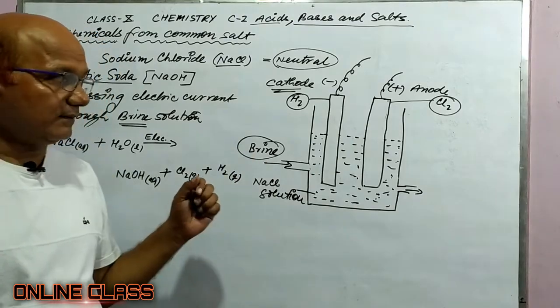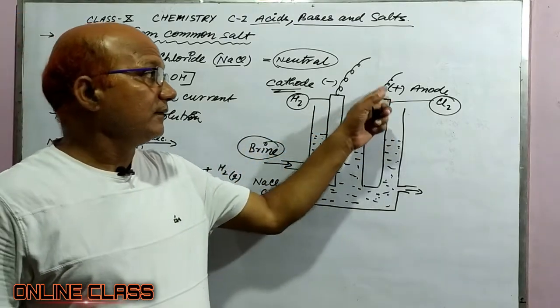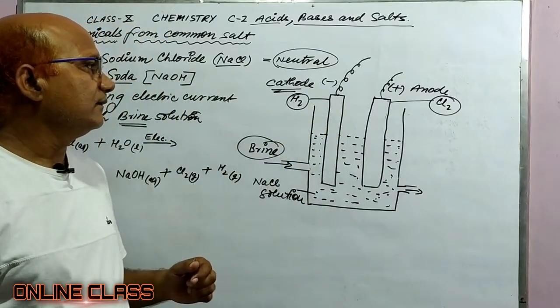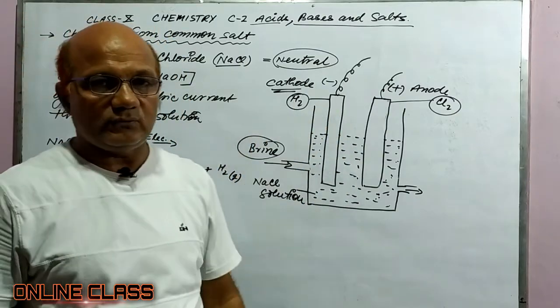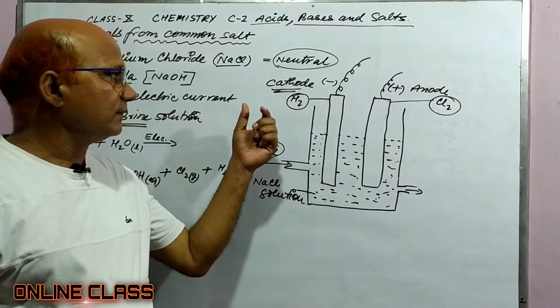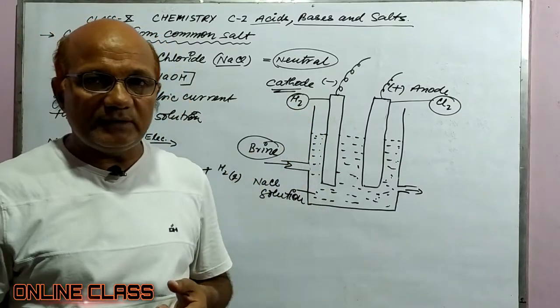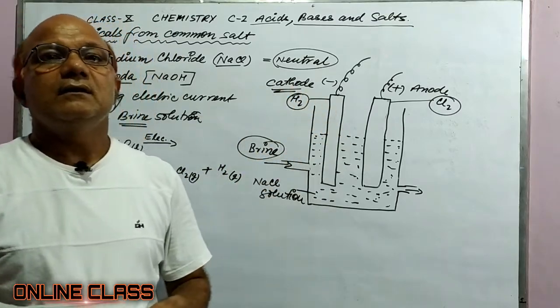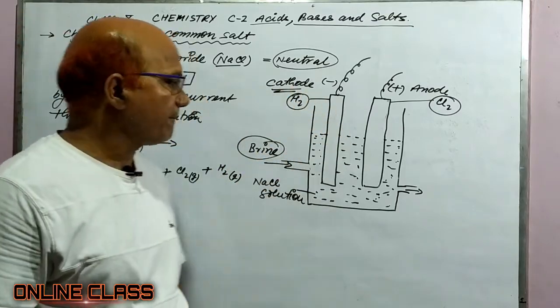Make it very clear. Chlorine gas is released at anode and hydrogen gas is released at cathode. These gases are very important and are used in chemical industries also.